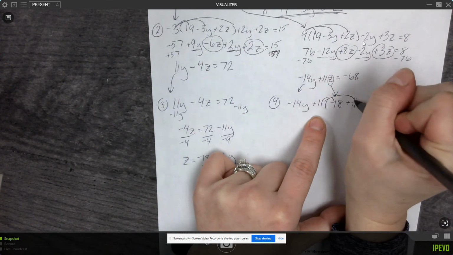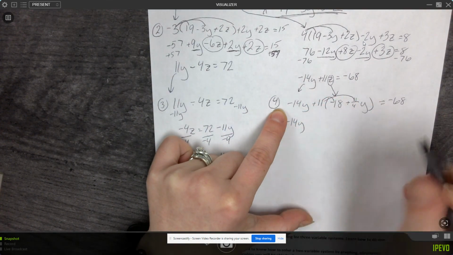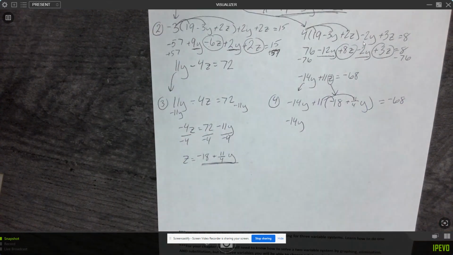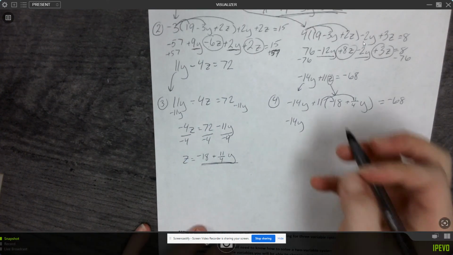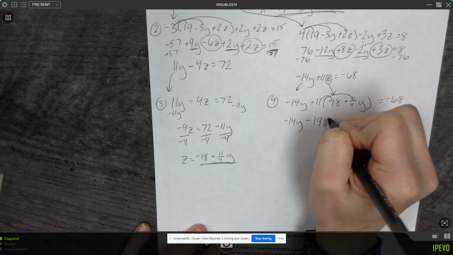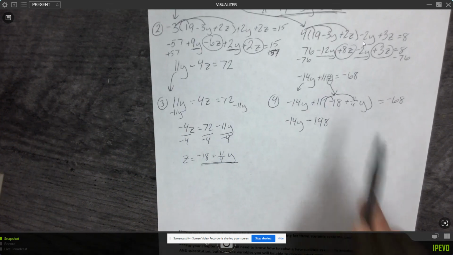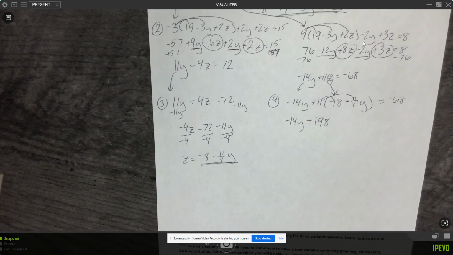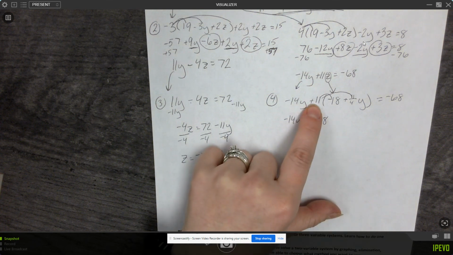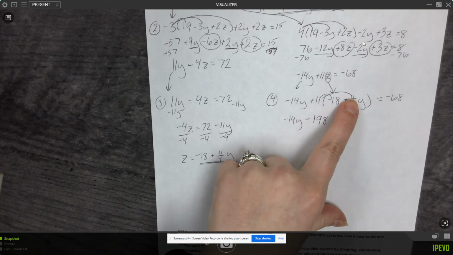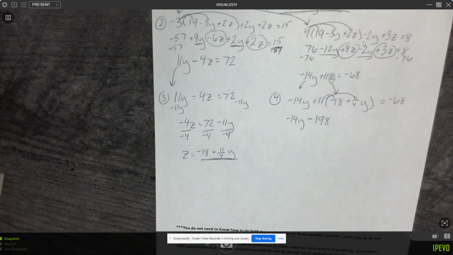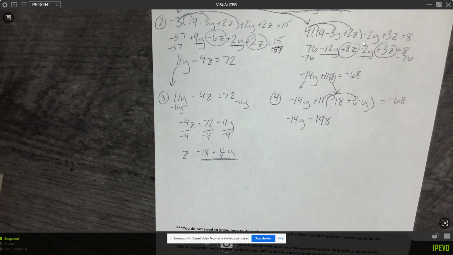Distribute. So negative 14y, 11 times negative 18 would be negative 198. 11 times 11 over 4. The way fractions work, you multiply that number 11 times the numerator. So 11 times 11 is 121, and then over 4.